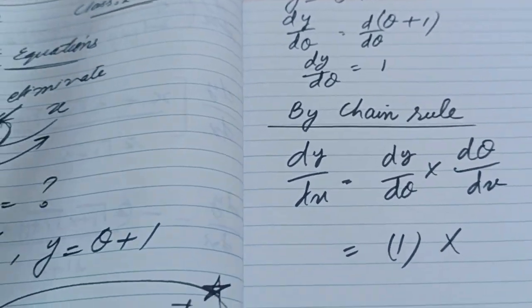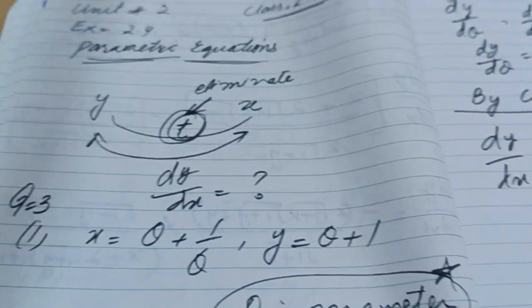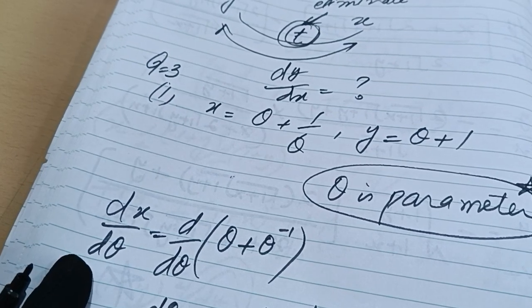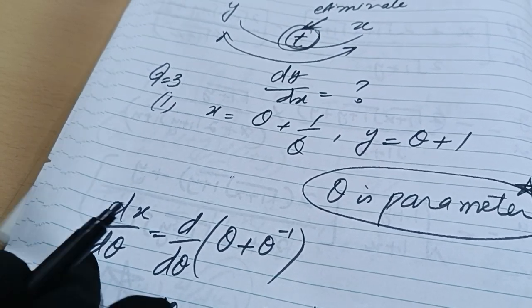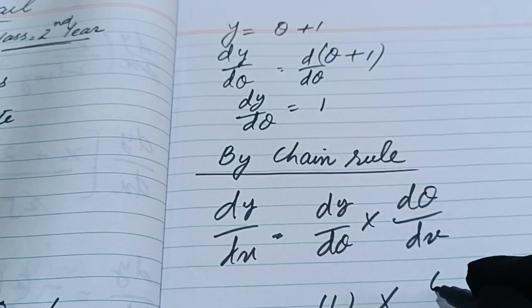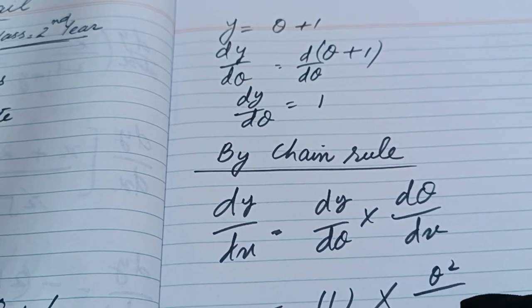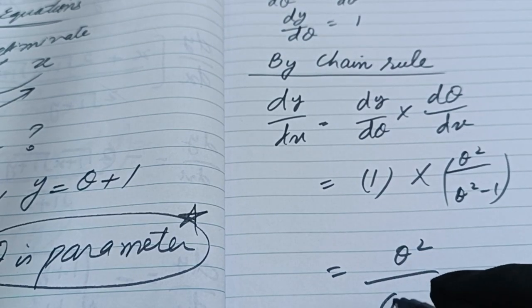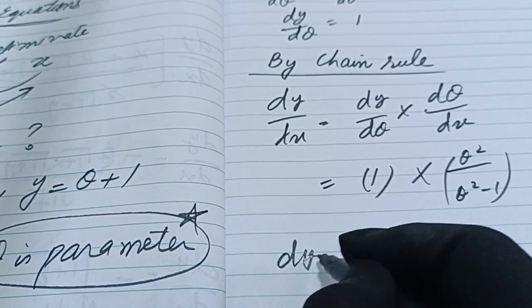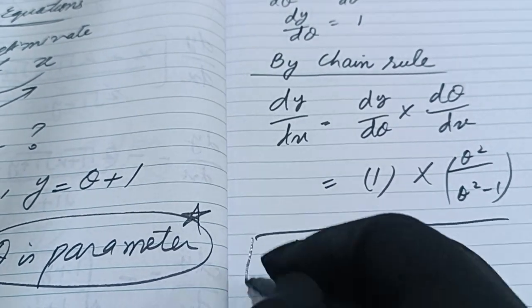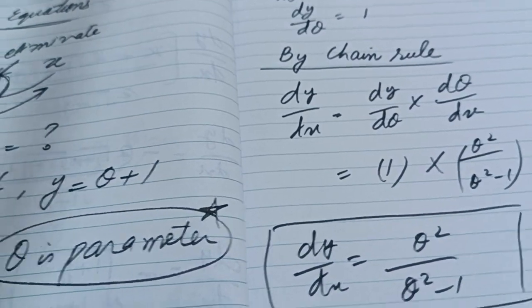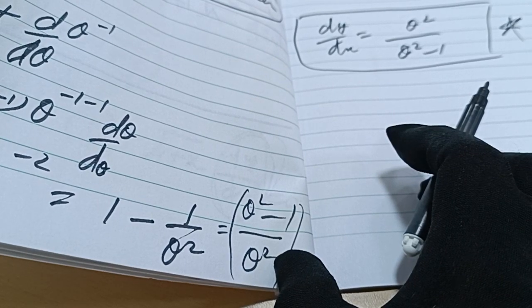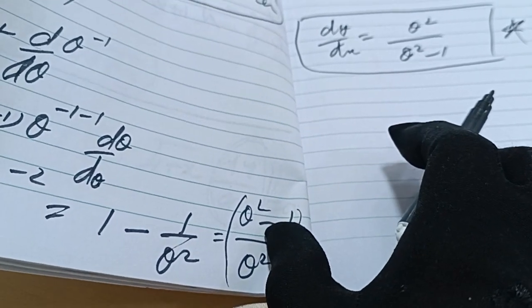And this value is dx by d theta, so you have to take the reciprocal of its value. So its reciprocal will become theta square over theta square minus 1. Multiplied by 1, it remains the same. Good, dy by dx is done. That's why I said to express this in one fraction so that the reciprocal can be taken easily.